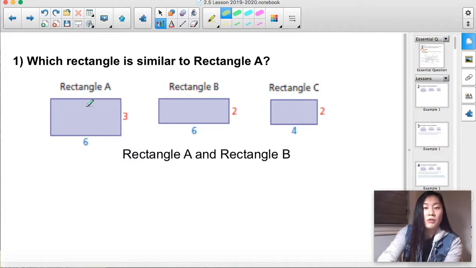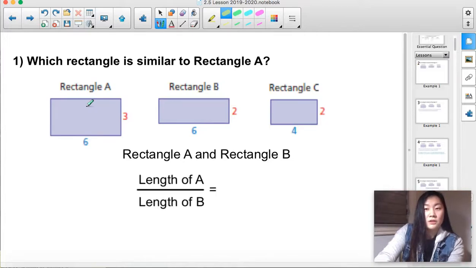So let's compare rectangle A and rectangle B first. We're going to compare the length and the width. Let's first start with the length. So length of A is 6 over length of B is 6 again, equals 6 over 6 is 1. Then we're going to compare the width.